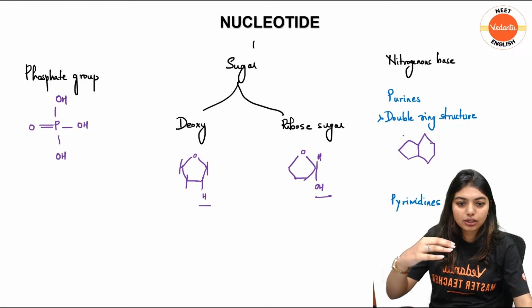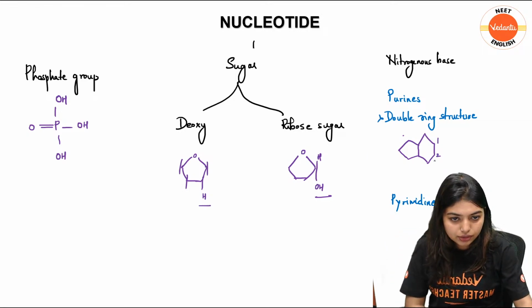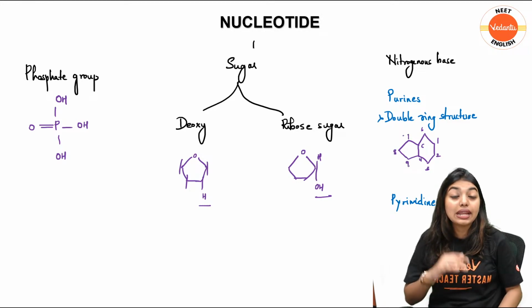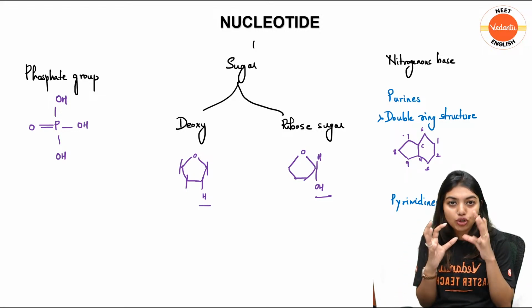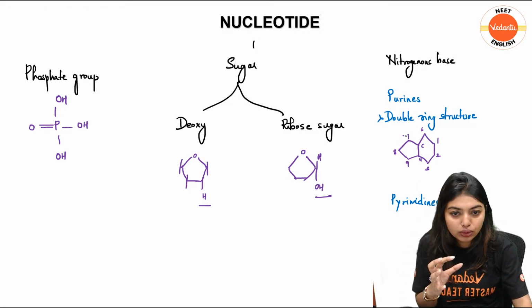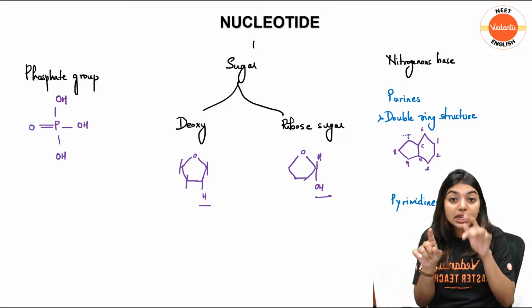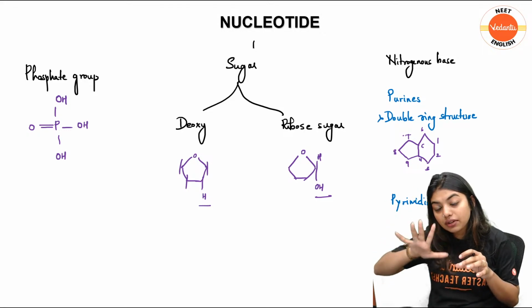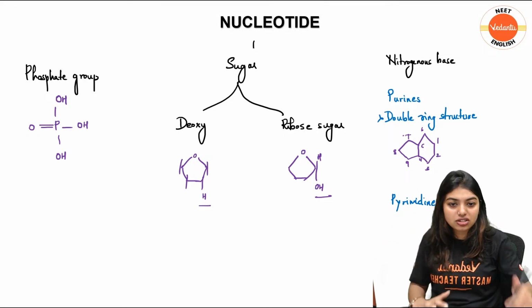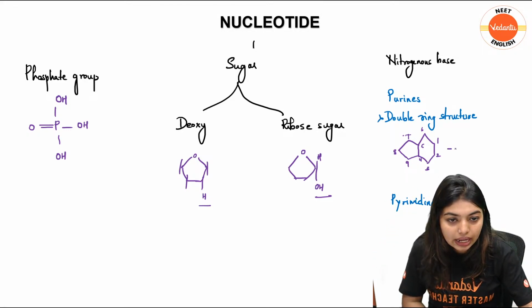You have to always count from here. 1 2 3 4 5 6 7 8 9. Always remember, when you draw your purines, you should always know that the purines will have 9 positions. 9 will be the number, so it will be a 9-ringed structure.